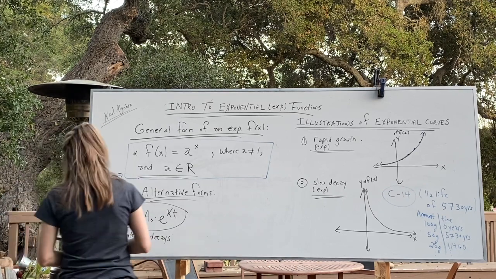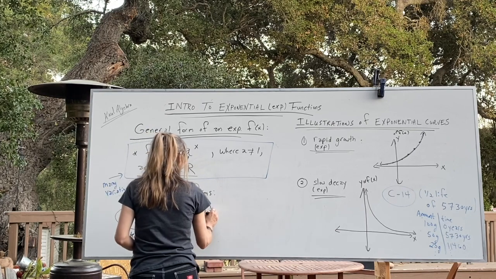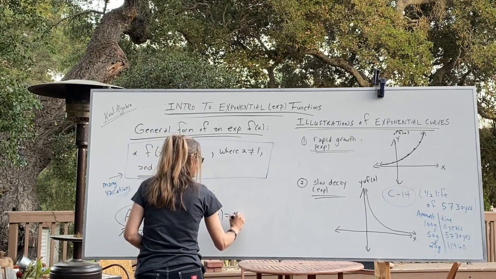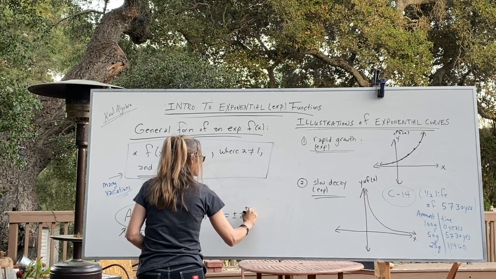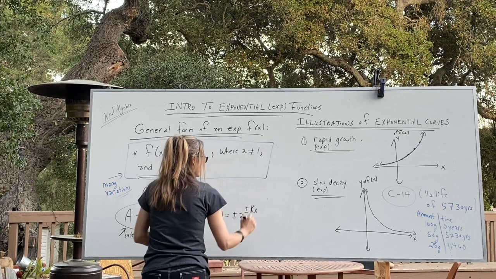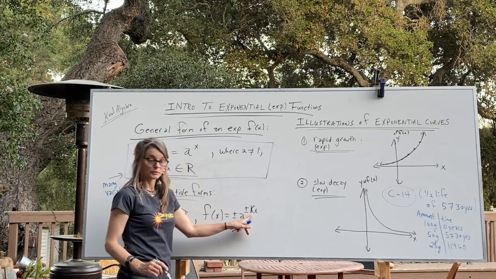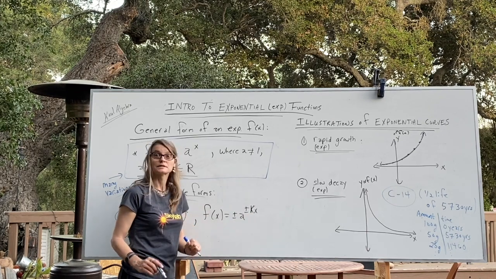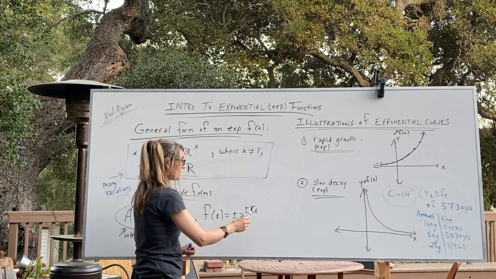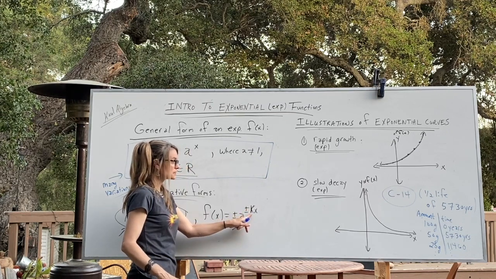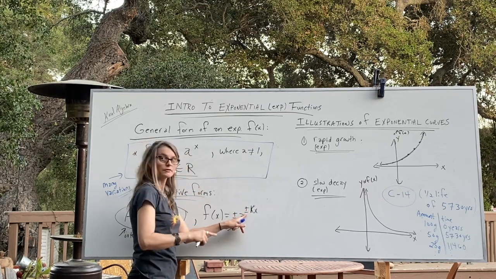Okay. And then we also have, a lot of times, plus or minus kx. Many times we'll have this k value in the exponent, and we look at what that k value is, and it tells us how the exponential function grows or decays. If it's a positive k, it'll grow. If it's a negative k, it'll decline.